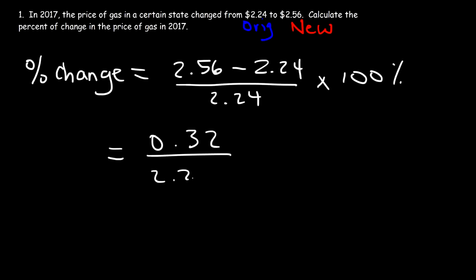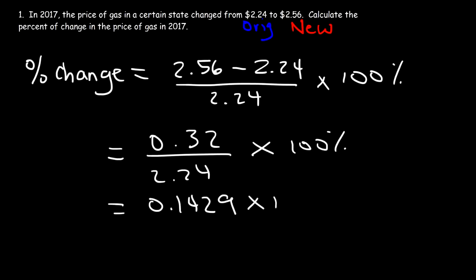And then we're going to divide 0.32 by 2.24. And that will give you 0.1429 if you decide to round it. Then multiply that by 100%. And so this is going to be a percent increase, and it's 14.29%.